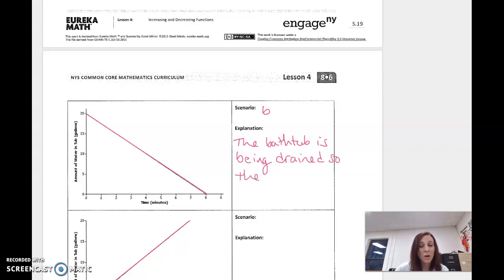So the amount of water is decreasing. Okay, look at this. At 0 minutes, because again, we're going to pay attention to our labels, at 0 minutes, there was 20 gallons of water. At 8 minutes, there's 0 gallons of water. That means it's being drained out.